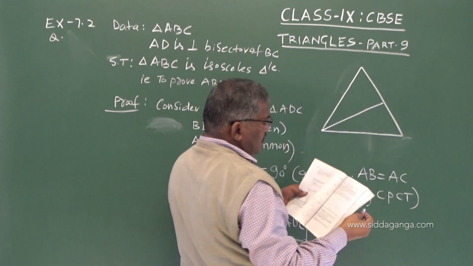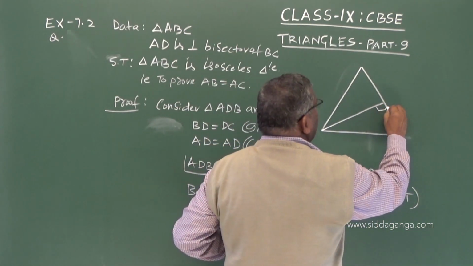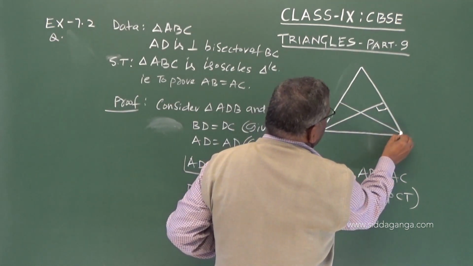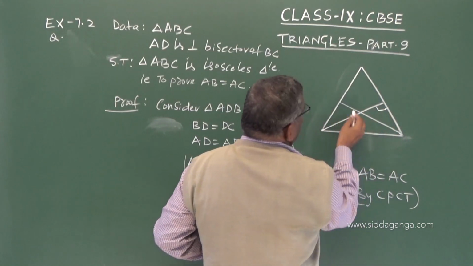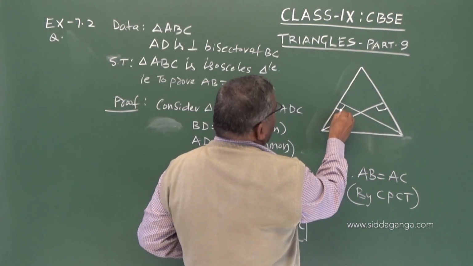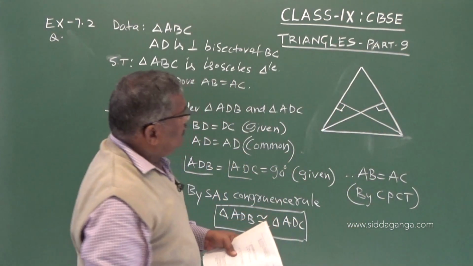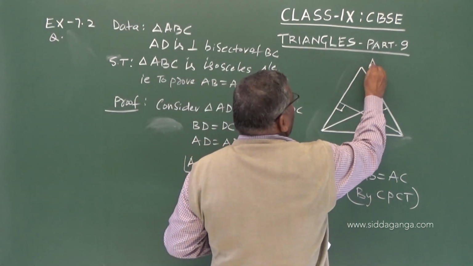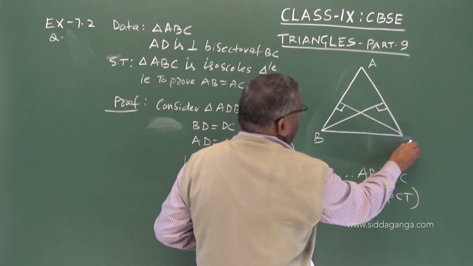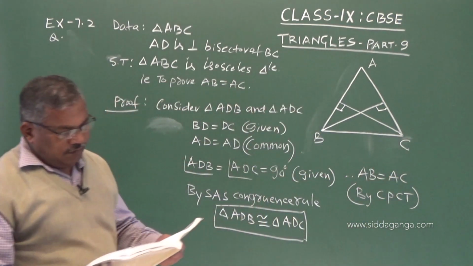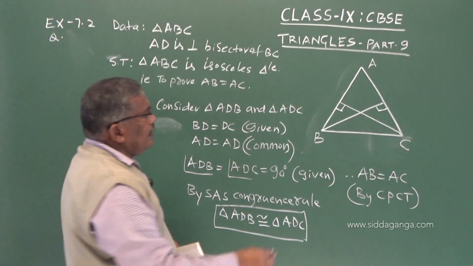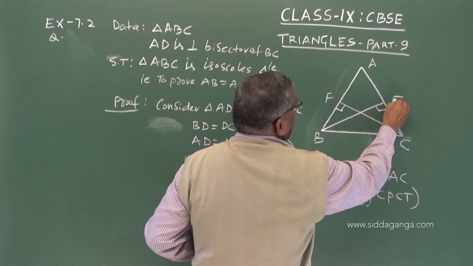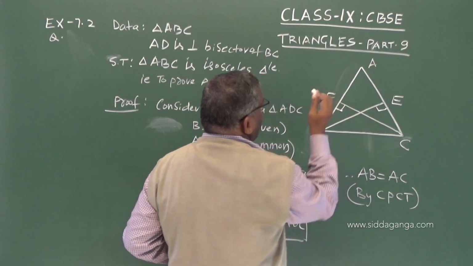This is 90 degrees, and this is also 90 degrees. This is ABC, with E and F.